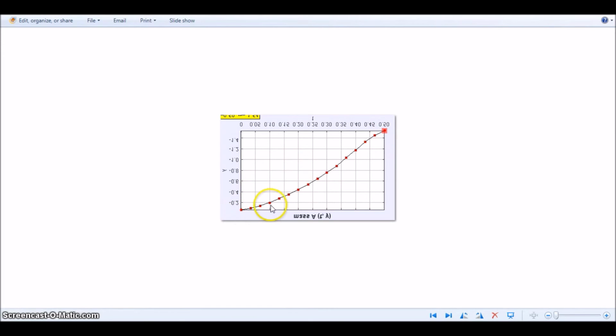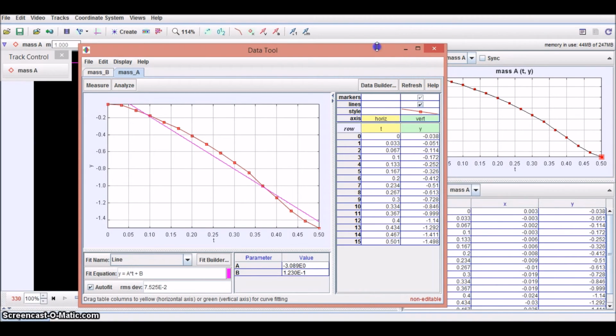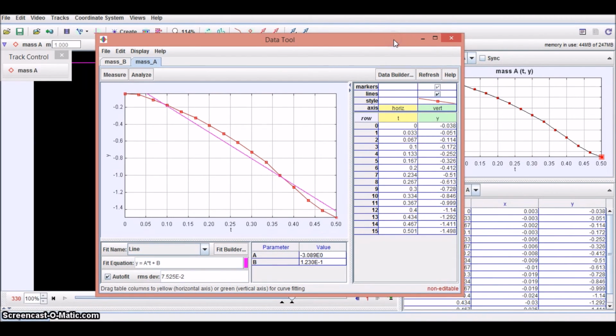So as you can see, the slope will therefore be positive. So that's basically it. After analyzing the video of the wind ball falling, this is what I got, which as I said before, is not accurate.